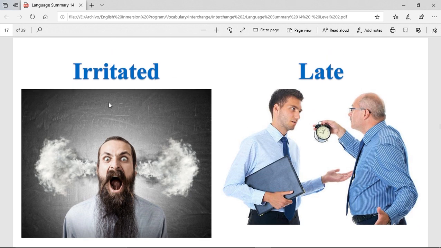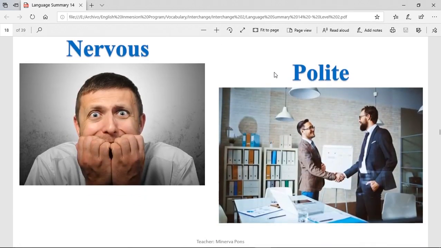But when you're irritated, you're a little bit angrier. Because it's like someone is doing something exactly made to make you feel irritated, to make you feel bad. That is irritated. Late. When you're late, it's when you were supposed to be at a time, but you come after that time. That way, you're late. If you need to be there at 8 a.m. and you're at 8:30, you're late.